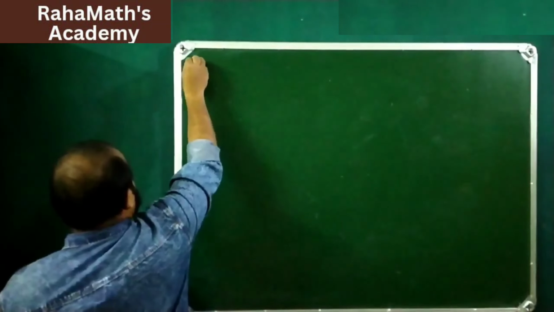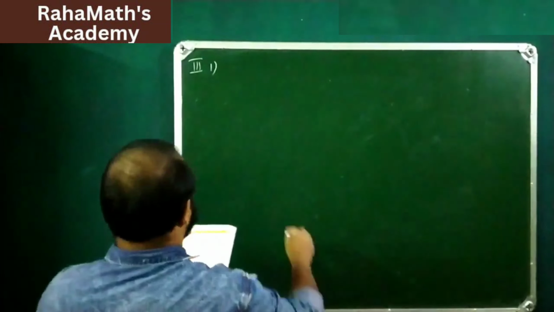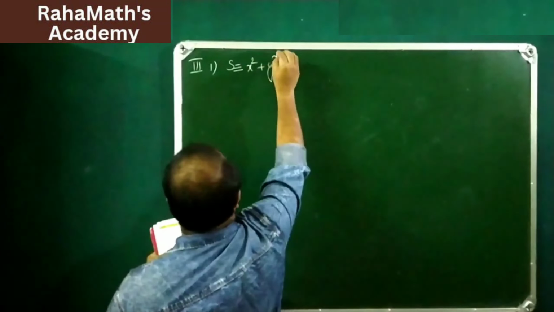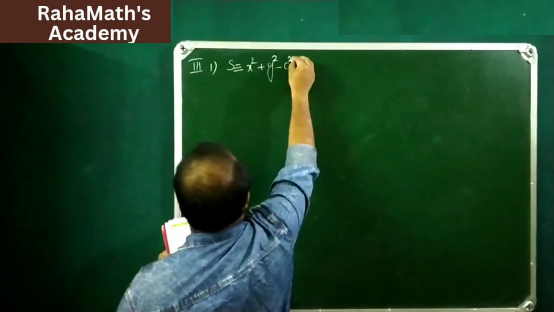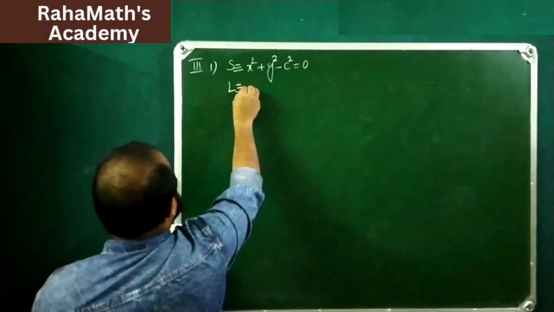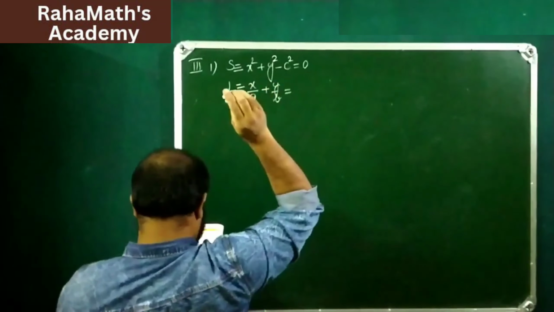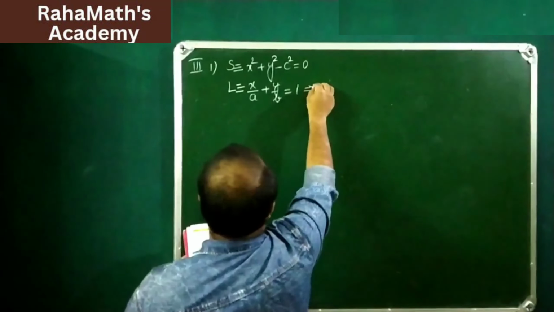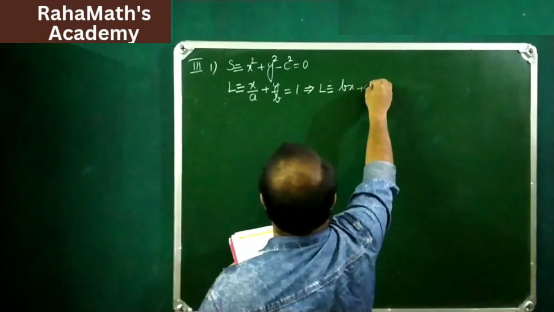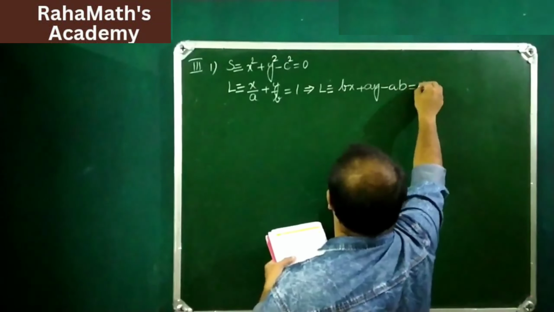First question from the third Roman. If x square plus y square equals c square, what is the circle? x square plus y square minus c square equals 0, and the line L is x by a plus y by b equals 1. So, L is bx plus ay equals ab, or bx plus ay minus ab equals 0.